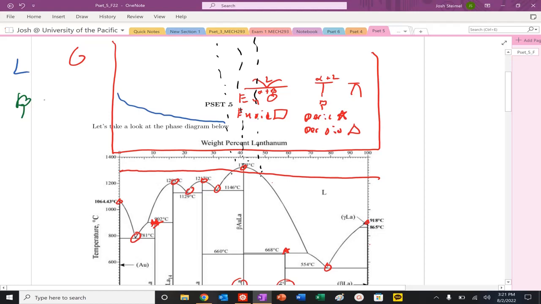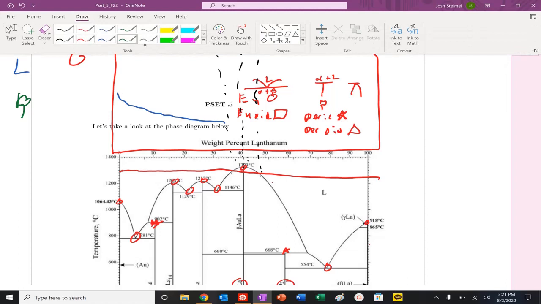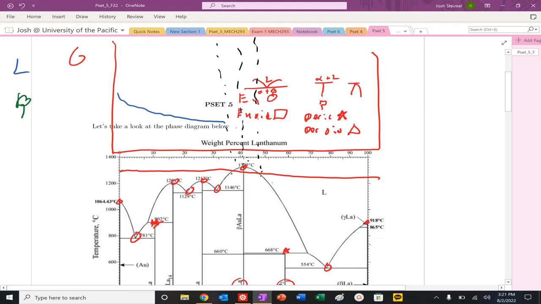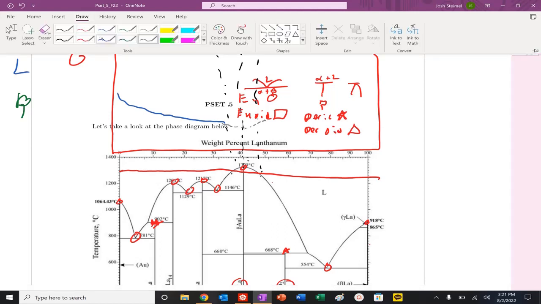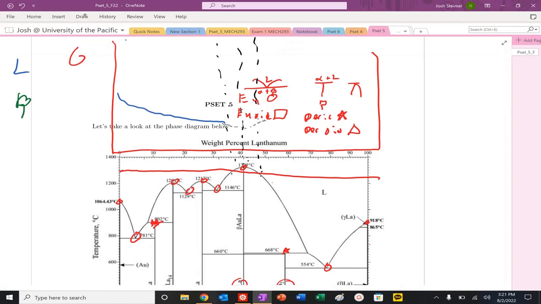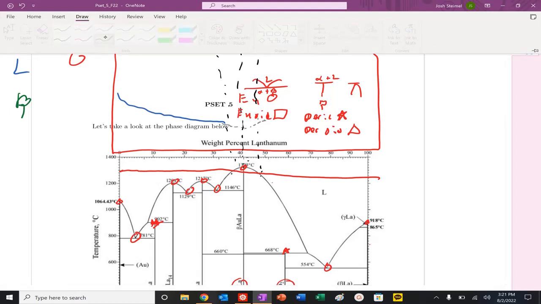So my beta is going to come in here, and I'm going to go ahead and draw the common tangents right now. Common tangents I'm going to just draw in gray. I want the common tangents to look kind of like this, and then like this. Those are my common tangents. My green curve is going to come in like this.